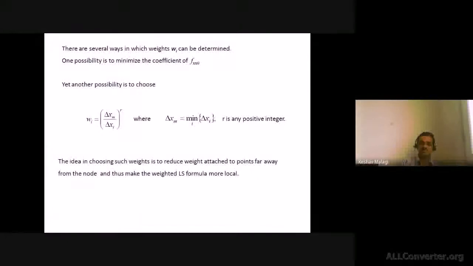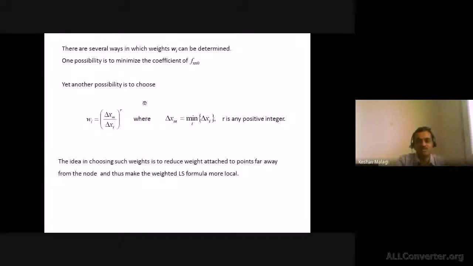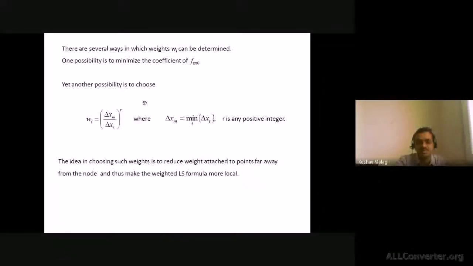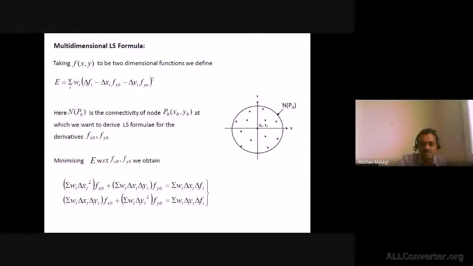We can implement that by taking the inverse distance as the weights there. That is what is done here. If you take that way, you will get more effect of points nearby and less effect of points which are farther away. There are other methods also to choose these weights, but let us not go into that.